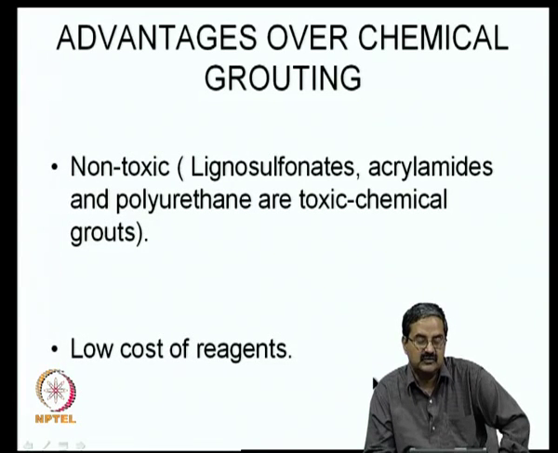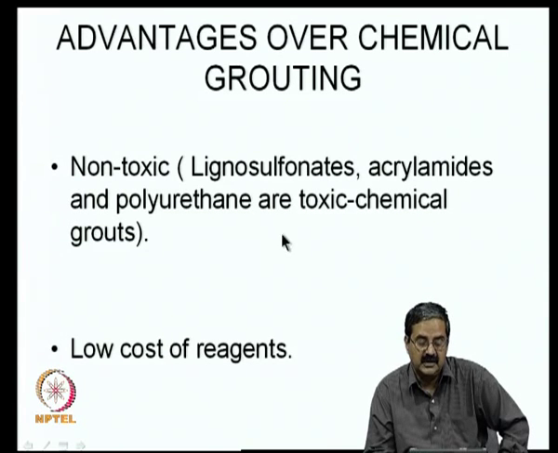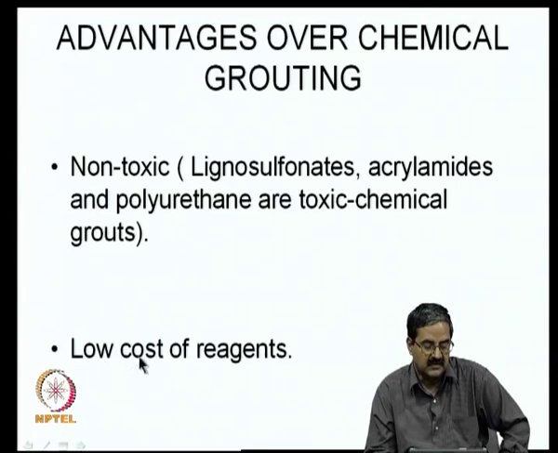The advantages over chemical grouting are that they are non-toxic. For example, lignosulfonates, acrylamides and polyethylene are some of the toxic chemical grouts, as I discussed when I discussed grouting, and the cost of the reagents is low.